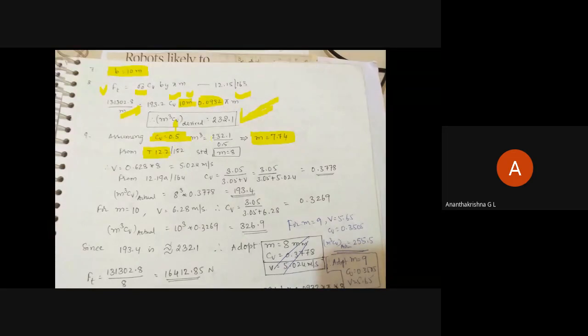So the module after 7.74, the next standard module we have is 8. Is 8 there? So I have chosen module 8 in the beginning. That is the next standard value of module.